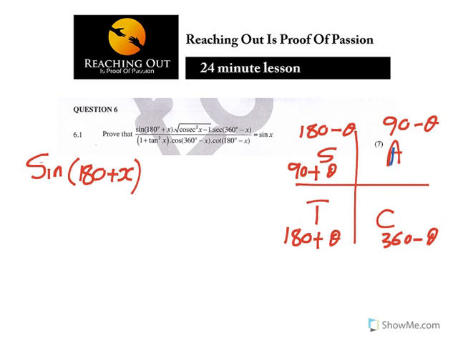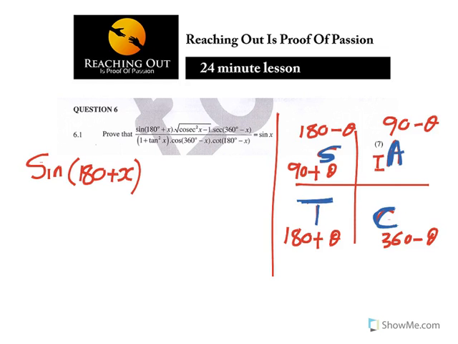Now using that again, let me change it. All Students Take Chemistry. Now looking at this CAST diagram, it's very important to know, sometimes they call it CAST, C-A-S-T diagram. It is telling you which one is positive when. It means all sine, cos and tan are positive in the first quadrant.